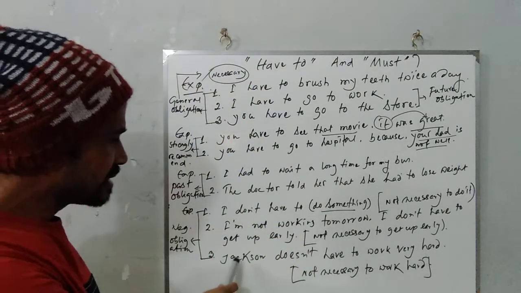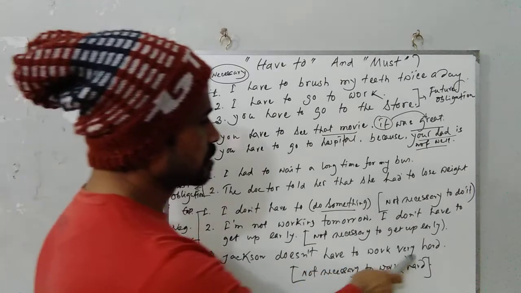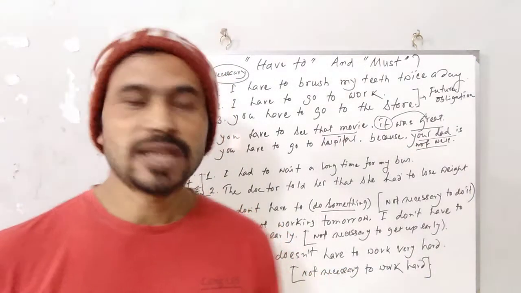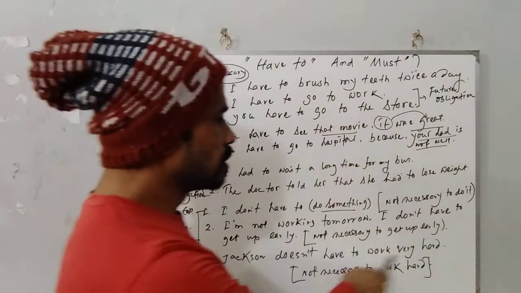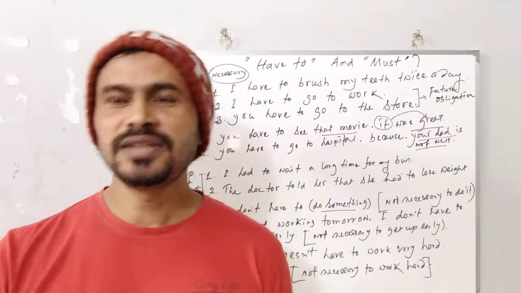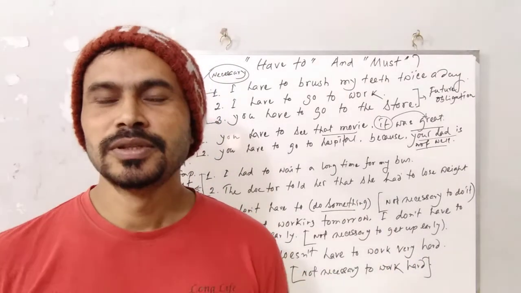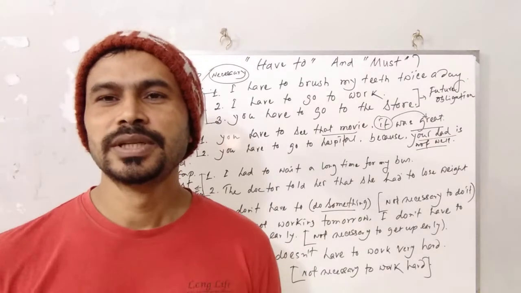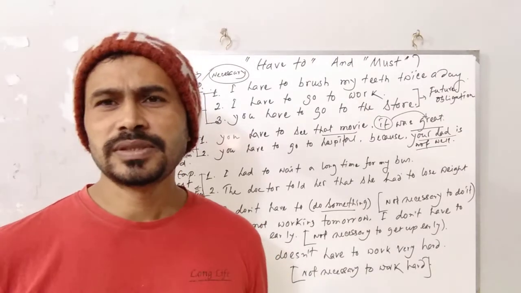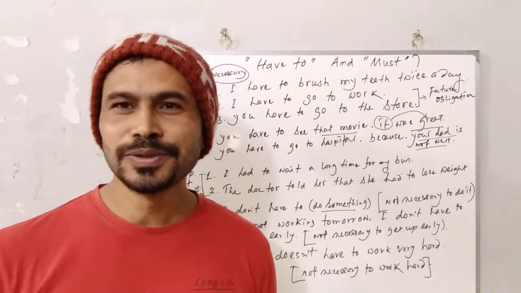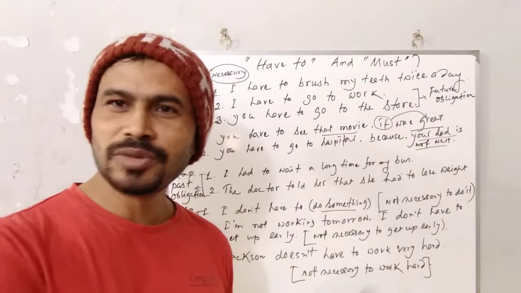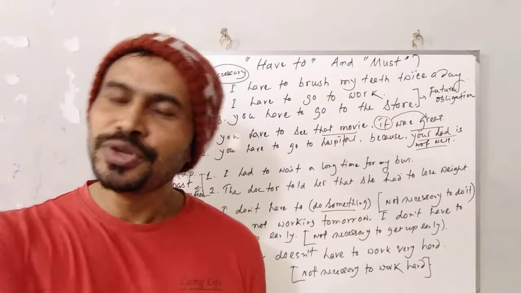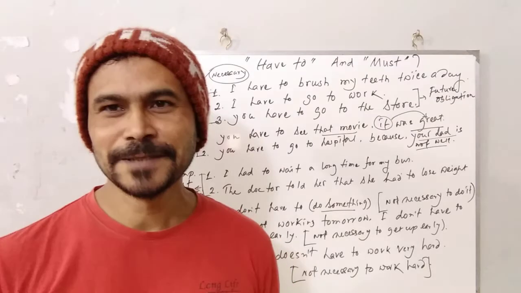So number 3, Jackson doesn't have to work very hard. This sentence also means negative obligation. Negative obligation here also means negative future obligation. You can say that.